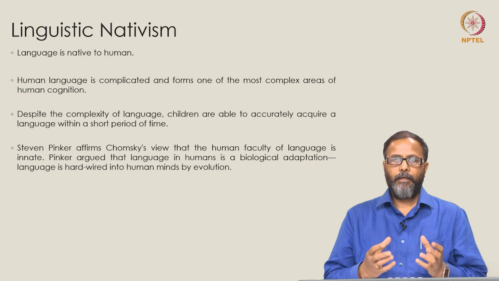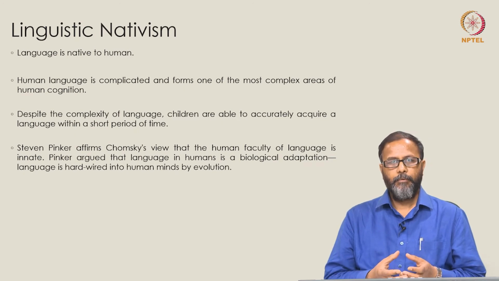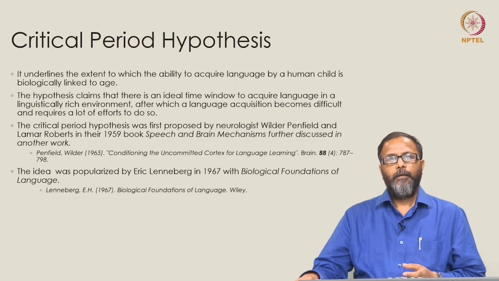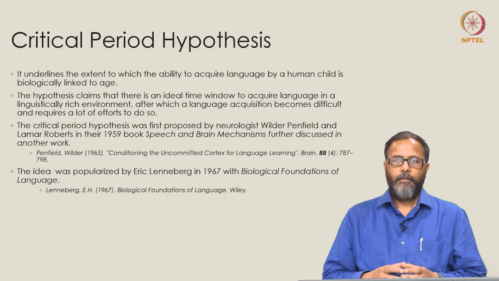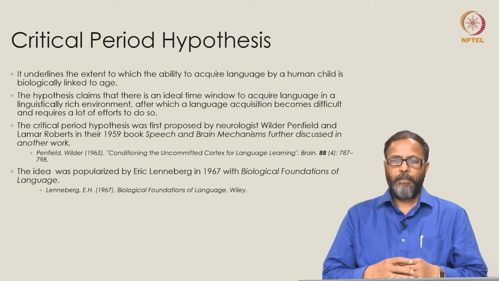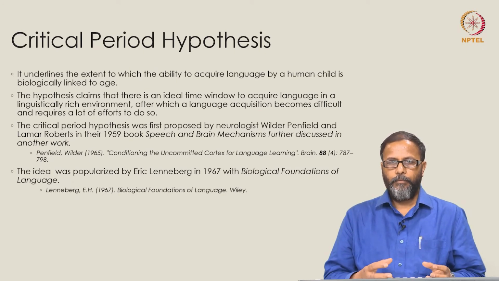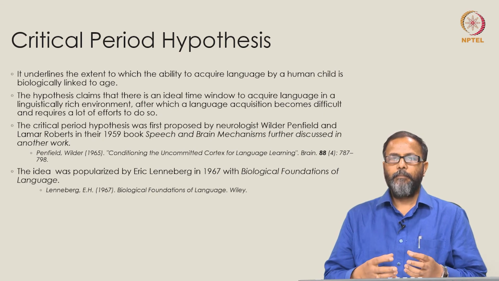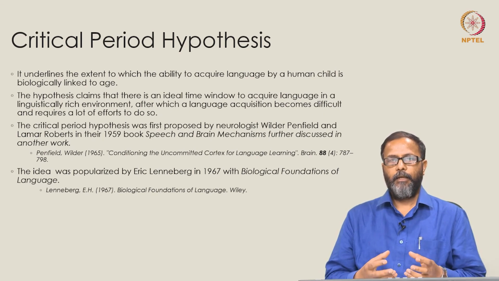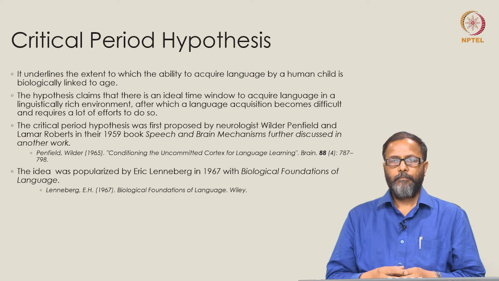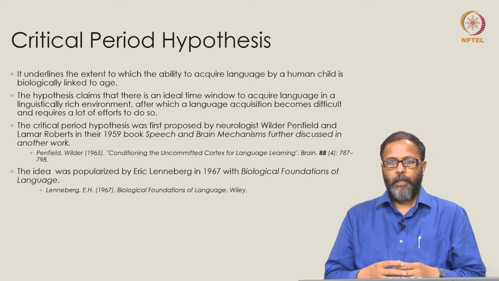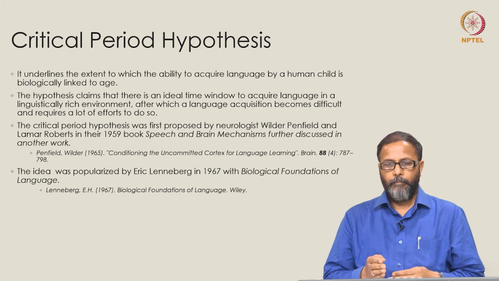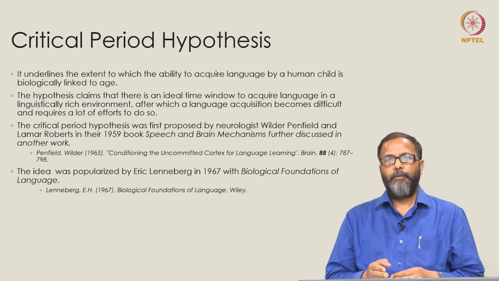And this is the background for the hypothesis called the critical period hypothesis. So the debate was whether there is a biological time window that enables a child to acquire a language. Can we have clarity on the breaking point, at which point?